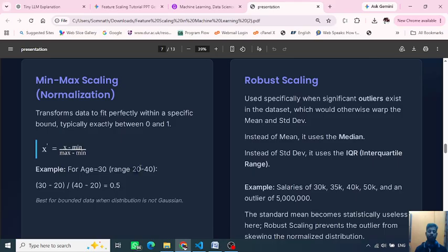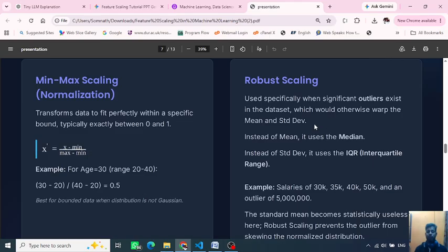That means the minimum is 20 and the maximum is 40. As per the equation, x minus minimum, 30 minus 20, divided by 40 minus 20, gives 0.5. So for age 30, after scaling, it becomes 0.5. This is for bounded data when the distribution is not Gaussian. It's for bounded only.